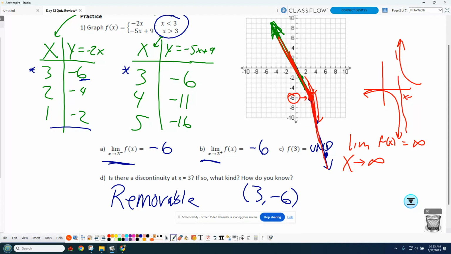Charles just said, if there's an asymptote, that's going to be an infinite discontinuity. All right, we'll work on it, Spencer. For the limits, when it says x plus 3, if it was a closed circle, would it be different?